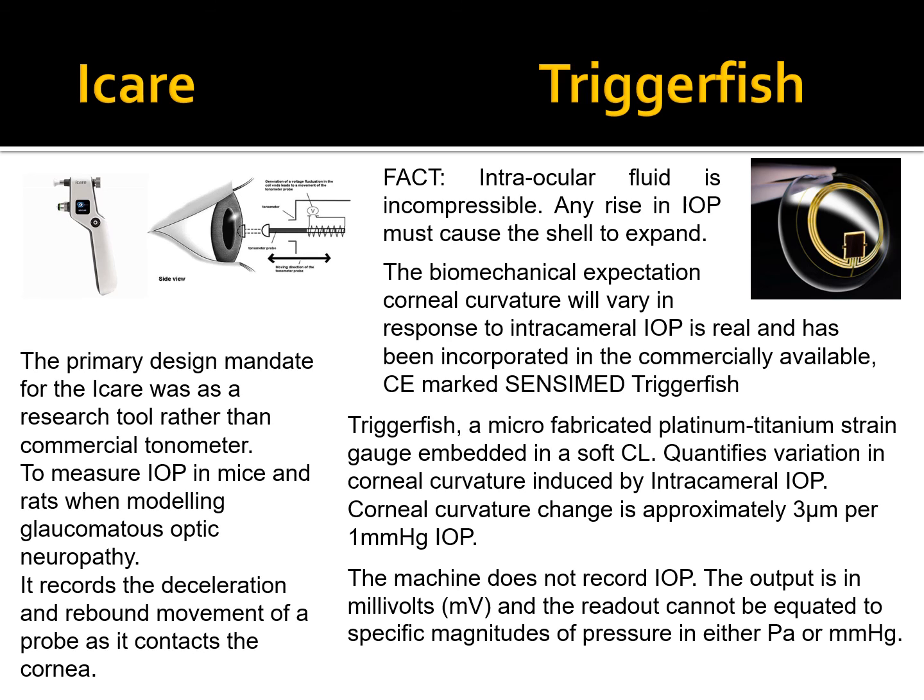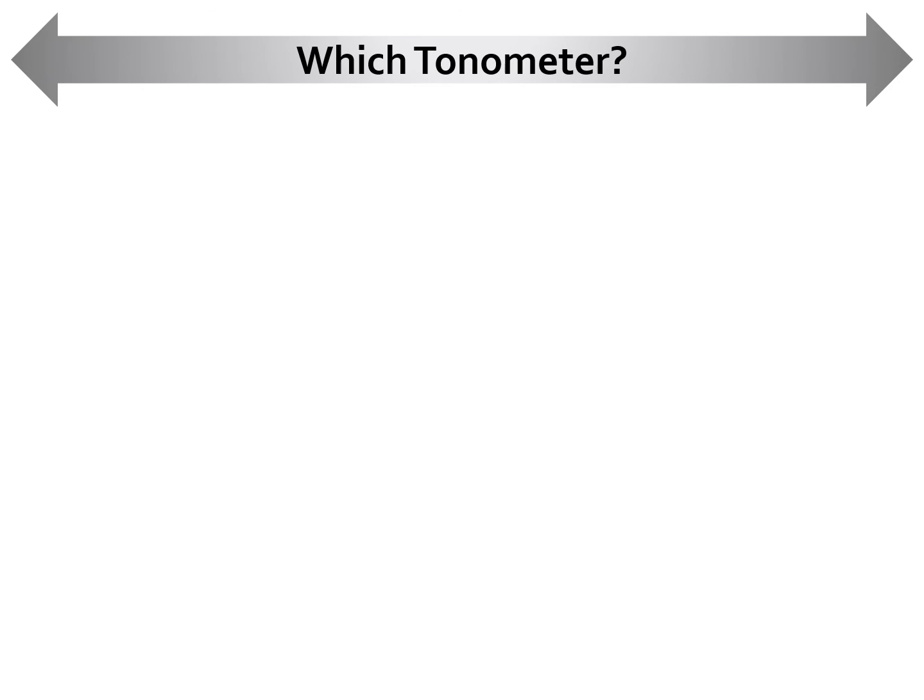Its output is in millivolts, and the readout cannot be equated to specific measures of pressure in either pascals or millimeters of mercury. Now, the one being developed by Professor El Sheikh is trying to give a readout that means something to us, because if we got this load of data over a 24-hour period, what are we going to do with it? Again, it's that avalanche of data that we're not going to be able to necessarily comprehend immediately. But it's a brilliant idea.